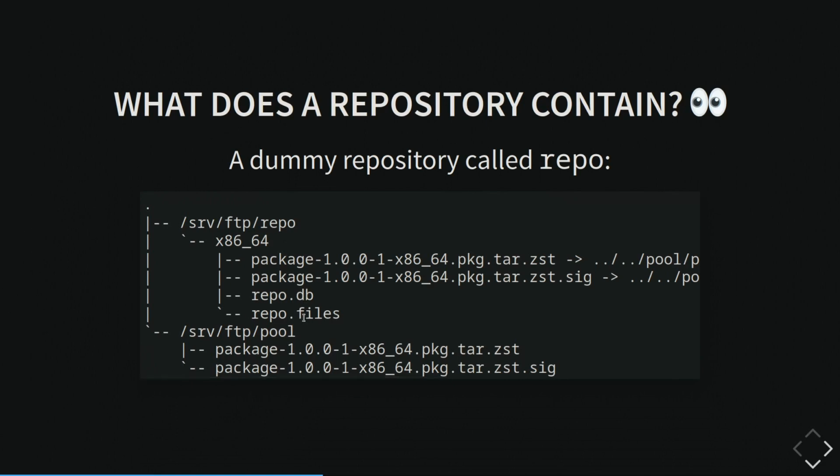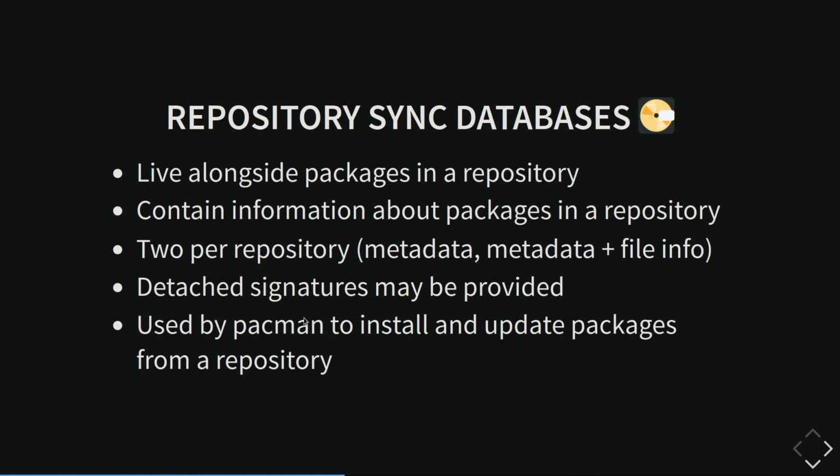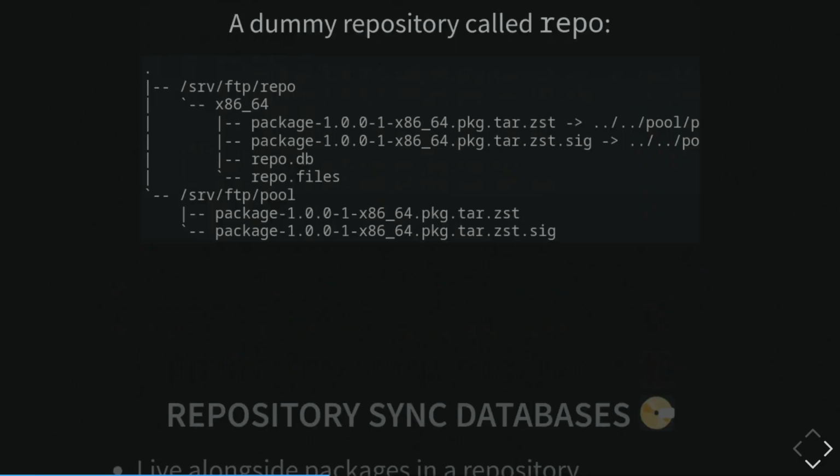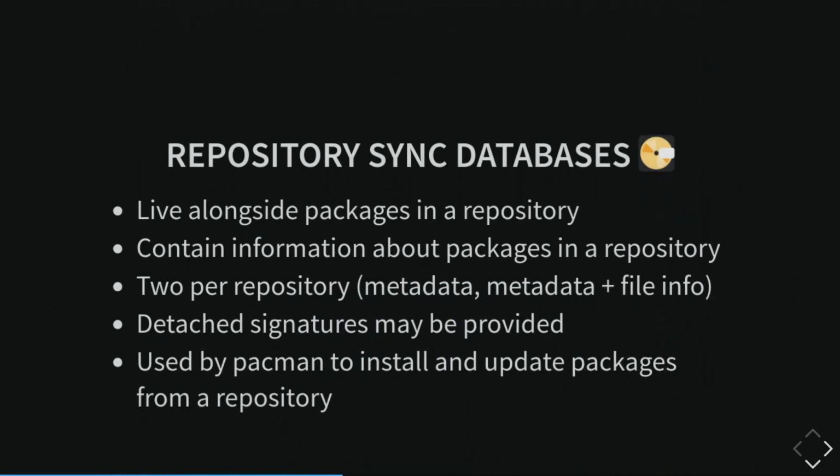A bit more on that now. As mentioned earlier, they live alongside the packages, and they contain all the info about the packages in that repository. So you only need to download that file to know what is in the repository. As you noticed up here, we have the .db and the .files.